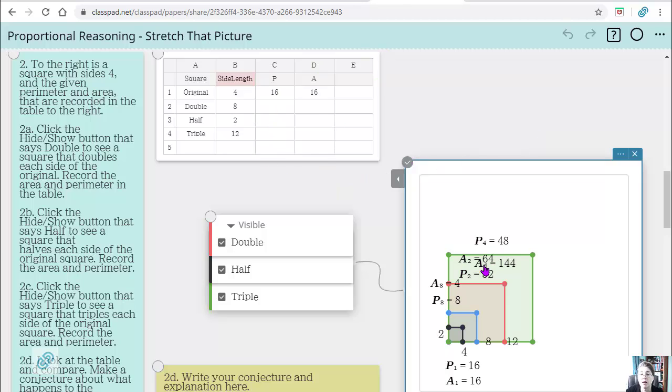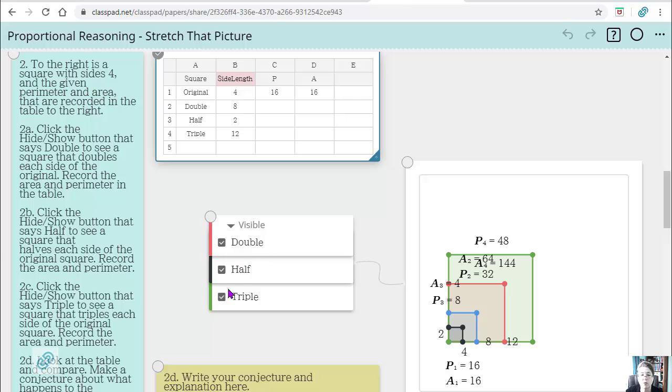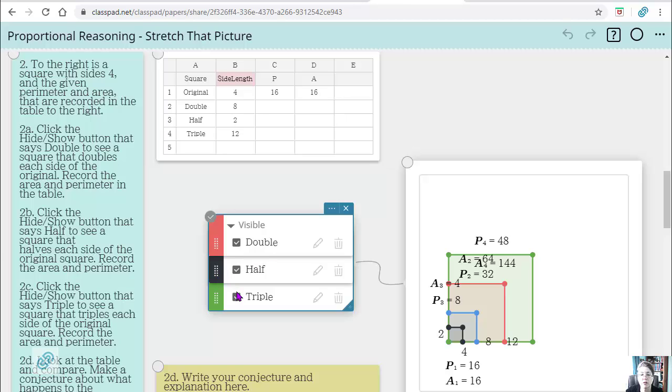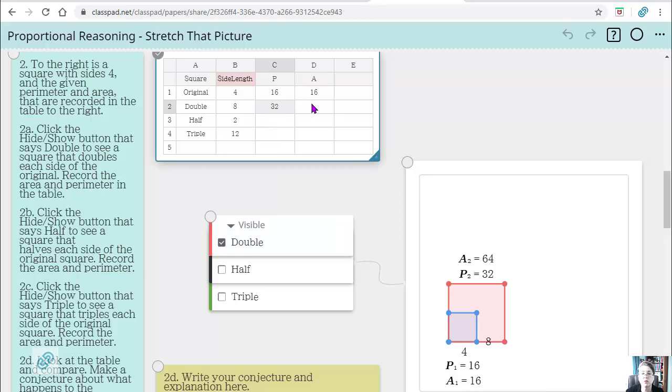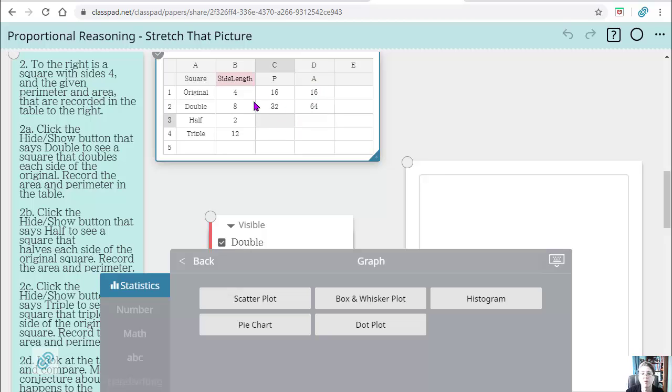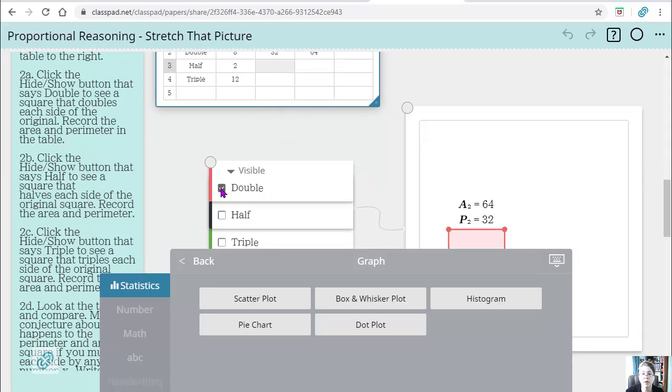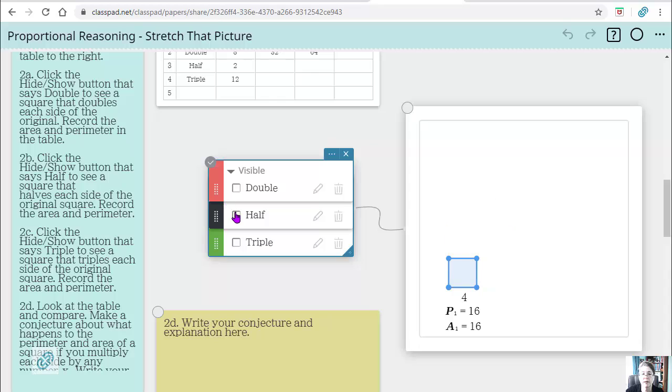And then you could plot this data and also look at it algebraically, looking at it on the graph. So let's go back to our numbers here. So doubling was 32 and 64. So the perimeter doubled, but the area quadrupled as we conjectured, right? And let's look at halving.